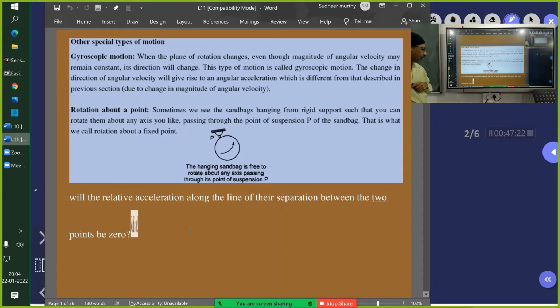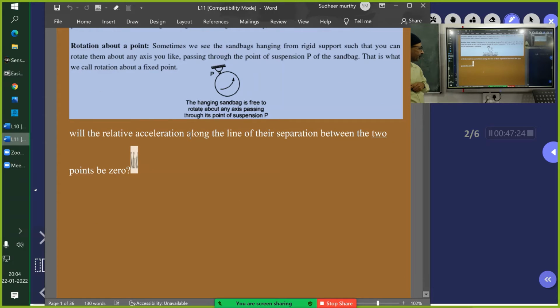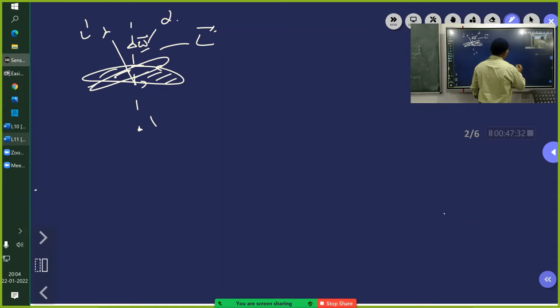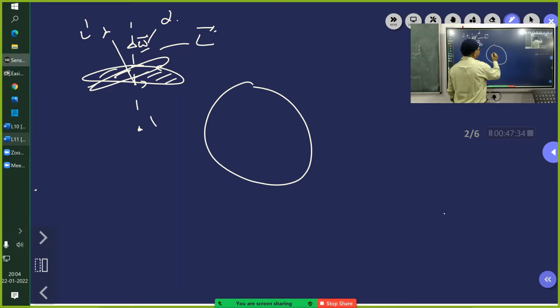Now I have a question for you here. Will the relative acceleration along the line of separation between any 2 points be 0? See, now we know that in a rigid body there are 2 particles, 1 and 2, and we know this distance is fixed.